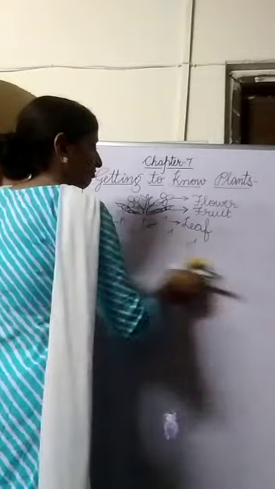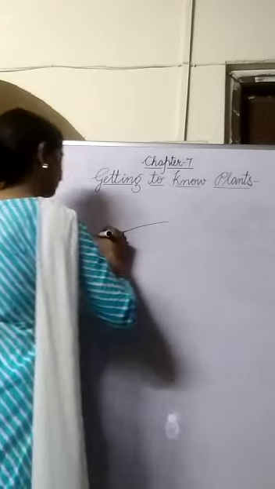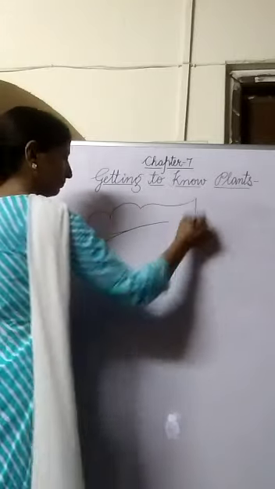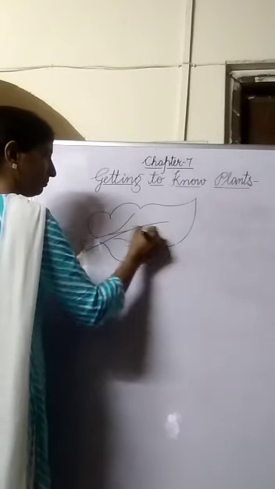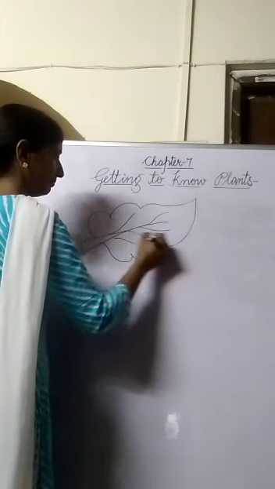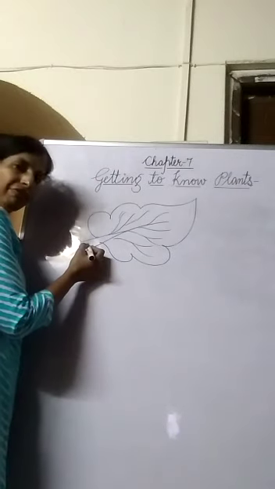Now we will do the structure of a leaf. We will discuss parts of a leaf. The main part of a leaf... see, this is the stalk of the leaf.